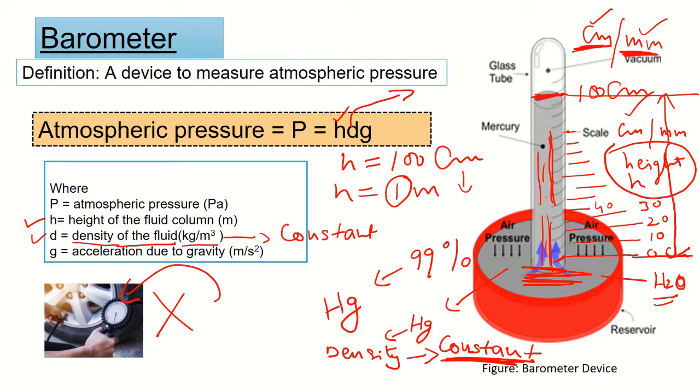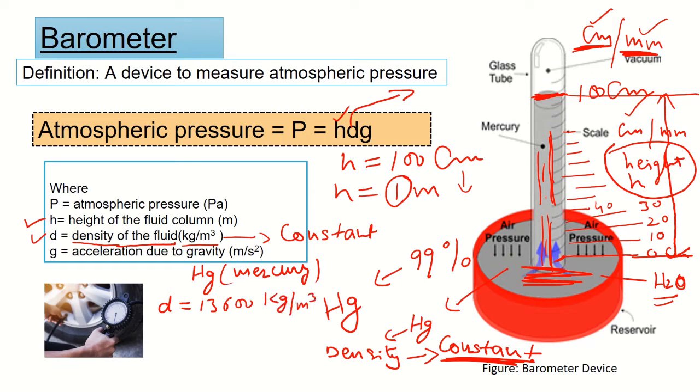Suppose we are using mercury, Hg means mercury. For the mercury the value of D is 13,600 kilogram per meter cube.